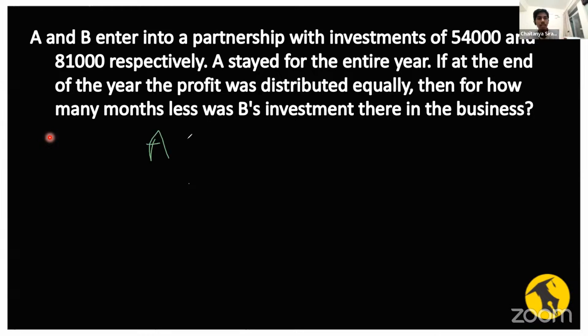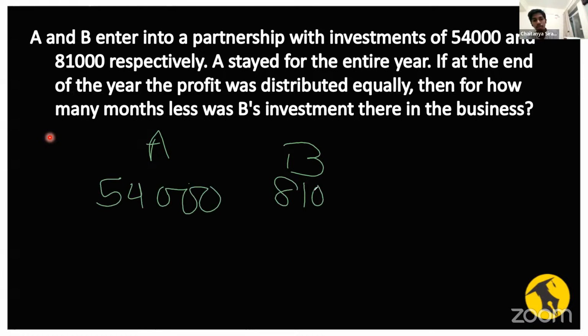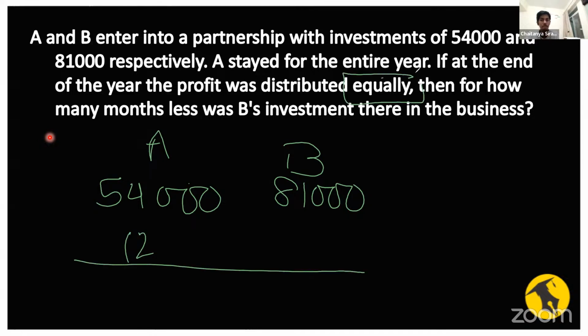Okay. So what does the question say? A and B entered into a partnership. They had 54,000 and 81,000 respectively. A stayed for entire year, so he stayed for 12 months. At the end of first year, the profit was distributed equally.